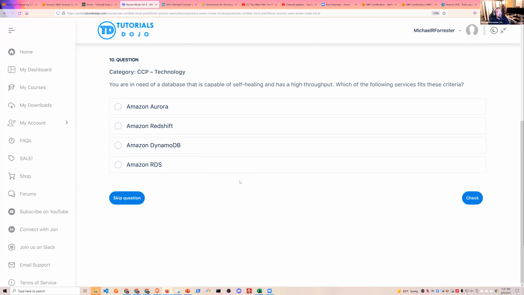Okay, you're in need of a database that is capable of self-healing and has high throughput. Which of these following services fits the criteria? So basically, when they say self-healing, what they're actually saying is that there's no management on your part required to run the service.